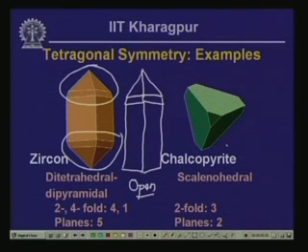On the right hand side, you have a crystal of chalcopyrite. Here each of the faces encloses the volume, so this one is of the closed form. Let me get rid of this.